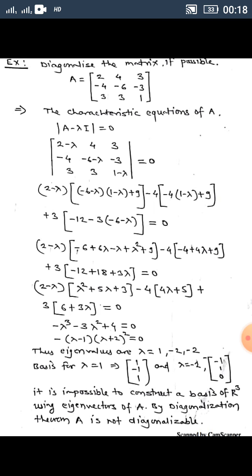Minus 4, minus 4 into 1 minus lambda, minus of minus 3 into 3 is plus 9. Plus 3 into minus 4 into 3 minus 12, minus 3 into minus 6 minus lambda is equal to 0.